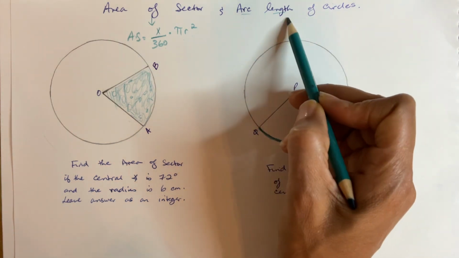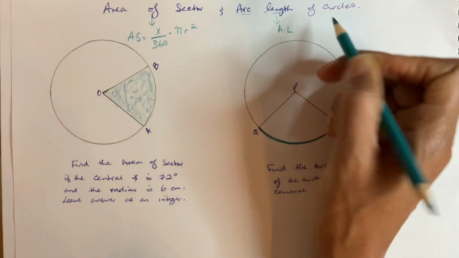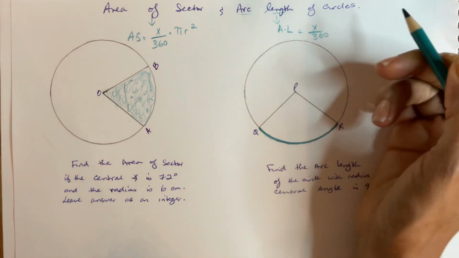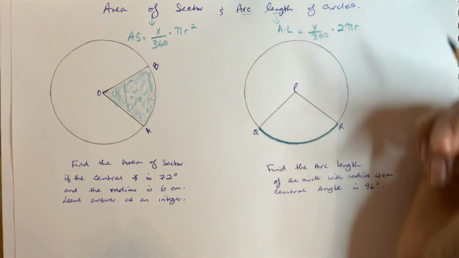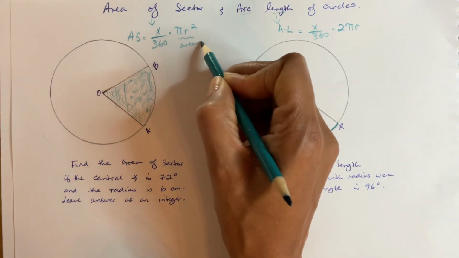Now the arc length is different. So the arc length, I'm going to use AL. AL is going to be the same central angle over 360 times that by 2 pi r. And we should be able to identify, so this is the area of the circle, as I said.